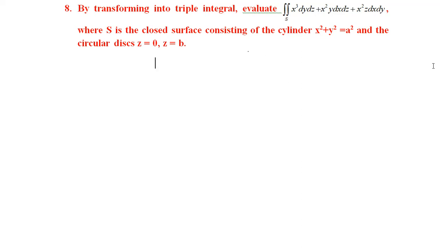Now what is the given question? Before going to the question, what is this form? Actually this is not required, just for understanding. I am writing this methodology.